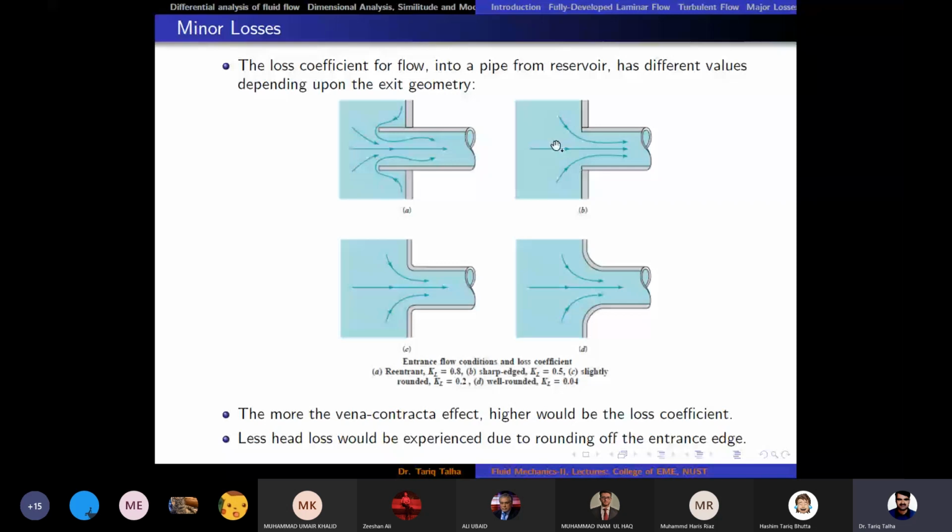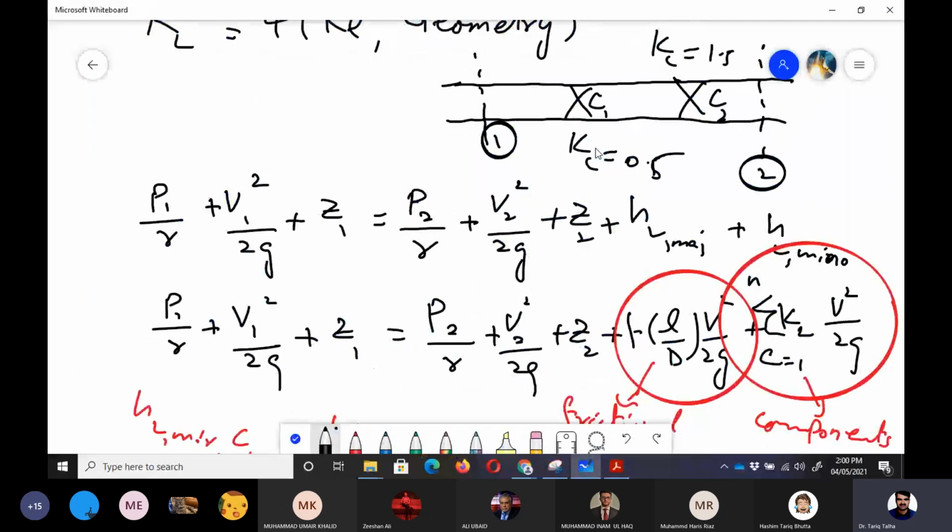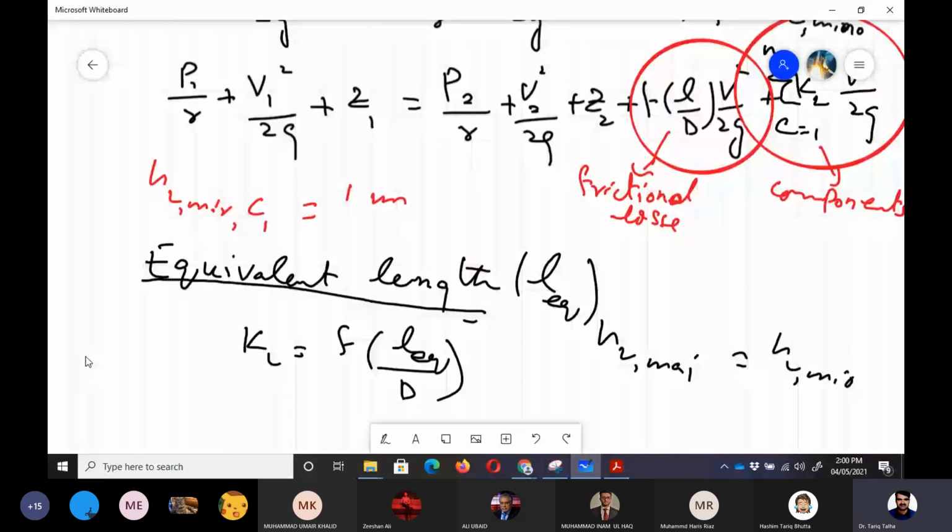So it means that the flow would separate at this entrance region. In the beginning there would be some higher velocity value in the middle. If you remember that phenomenon, that was the vena contracta effect.